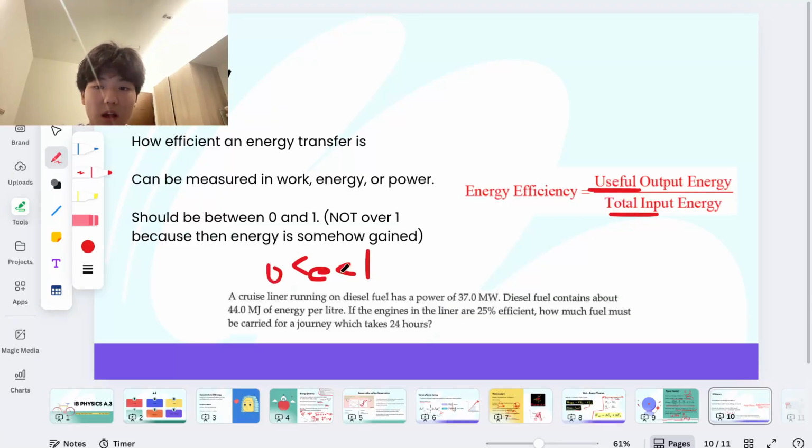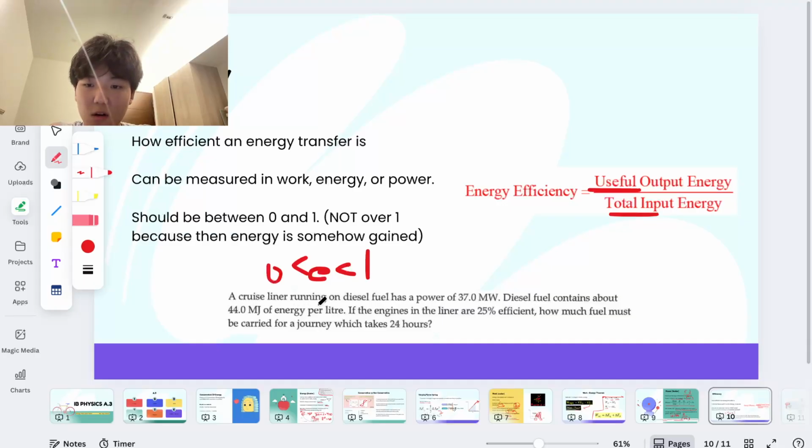Theoretically you could have 1, but it's physically impossible to have an efficiency of 100% because a lot of energy is lost as heat. It can never be greater than 1 because that would imply that you gained energy somehow, and that violates conservation of energy. So let's do this practice problem.